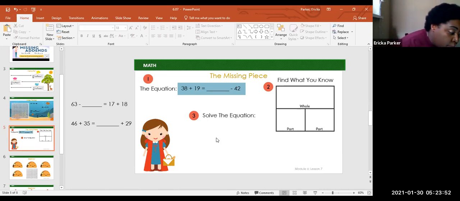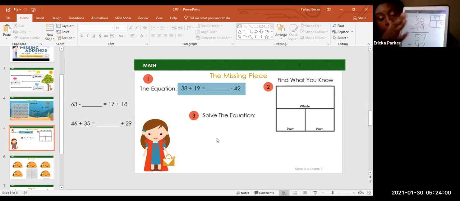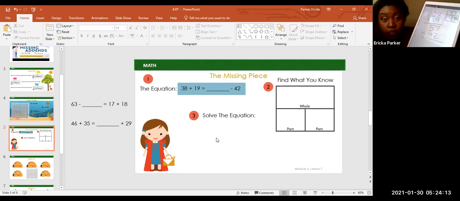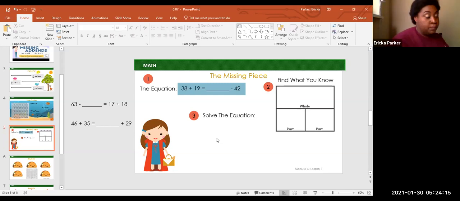So we know that one of our parts is 42. Okay. So we got one of our parts here and we're missing a part and then we had to work it out and that's how we added our two parts together to get that whole. Now we got 57 minus 42. What does that equal? All right, work that out.